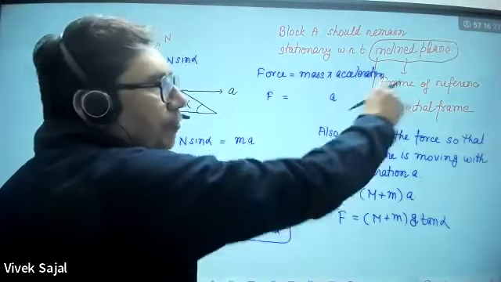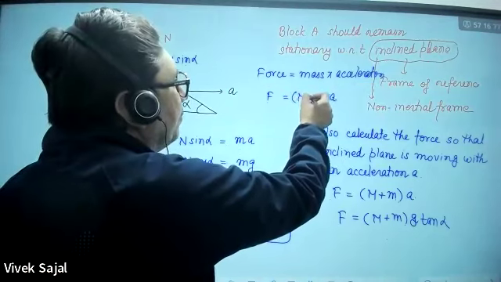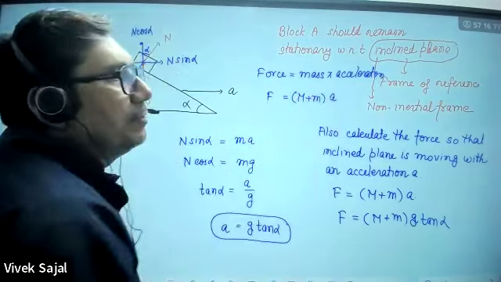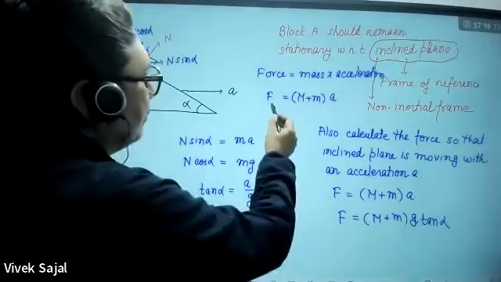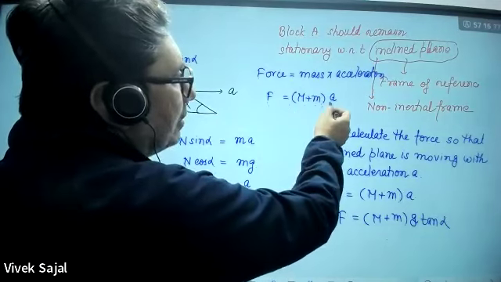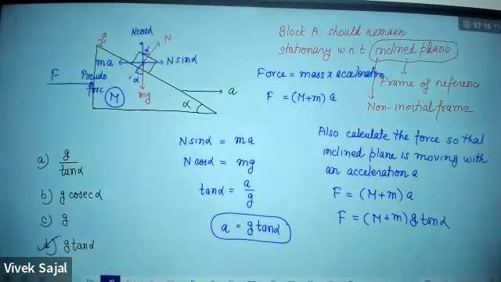That is moved forward by this force, that is M plus m. So this is the total mass that is moving forward with an acceleration a. So that's why I'm writing F equal to (M plus m), total mass of the system, into a. Is it clear now?